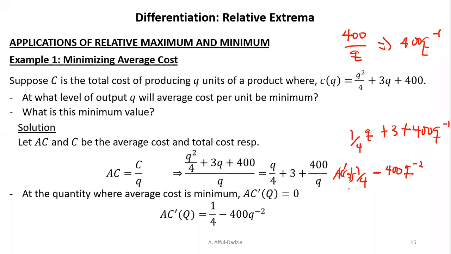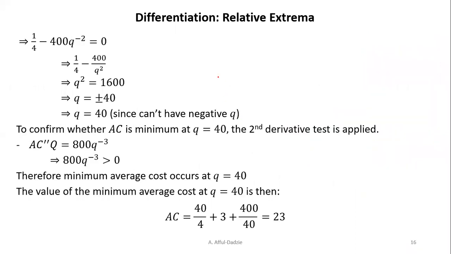So we have taken this expression here, and you have this. Again, if you want to rewrite it back into the form in which it was, 400Q to the minus 2 you're going to write as 400 over Q squared. It makes life easy for you once you're able to rewrite this. So you take this expression here. We can all solve this thing here, where you just have 1 over 4 again.